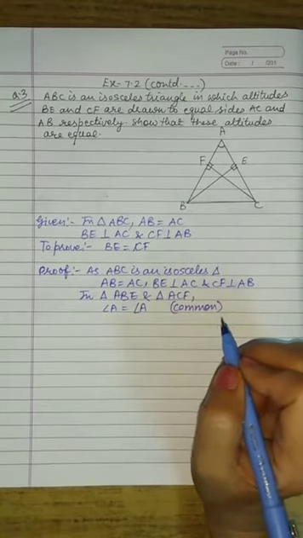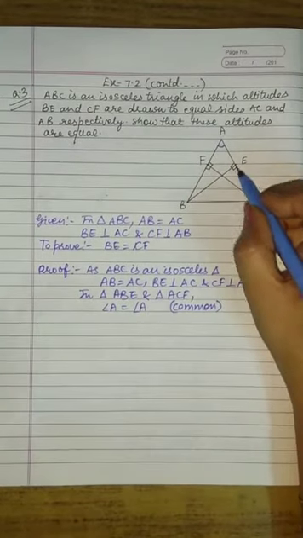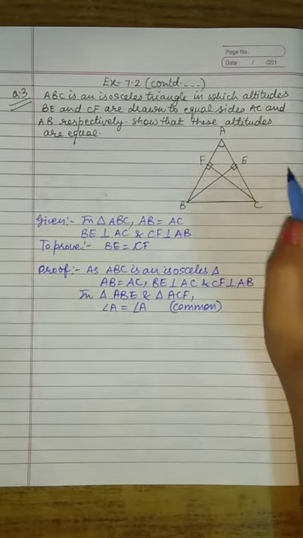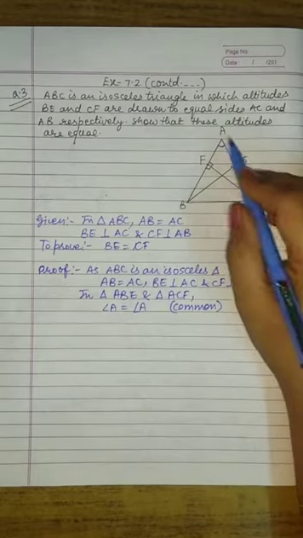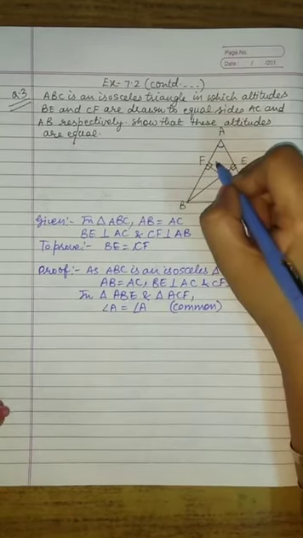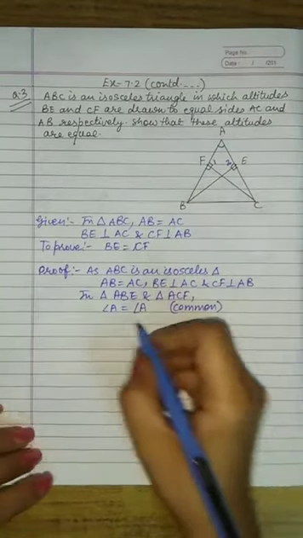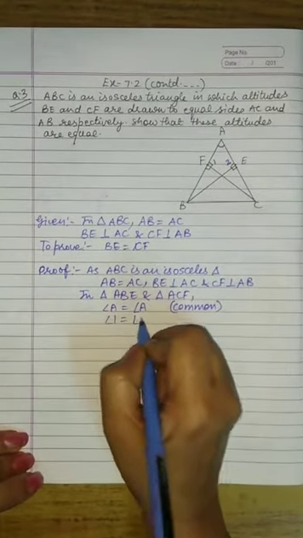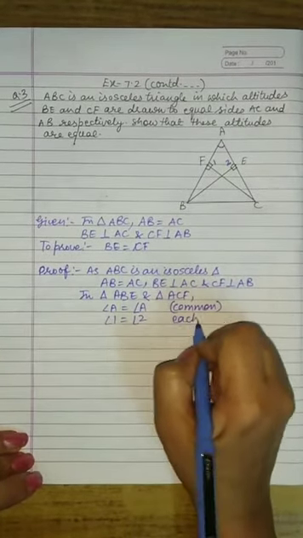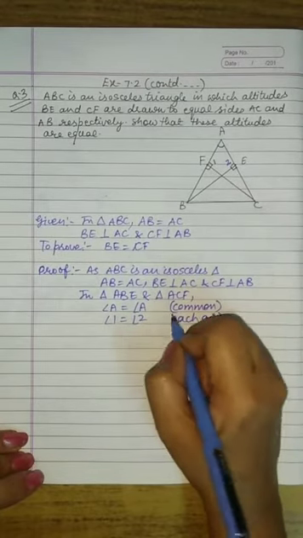Then we are given BE and CF altitudes on these two sides AB and AC. Therefore, let this angle be 1 and this angle be 2. So angle 1 is equal to angle 2, each 90 degrees.